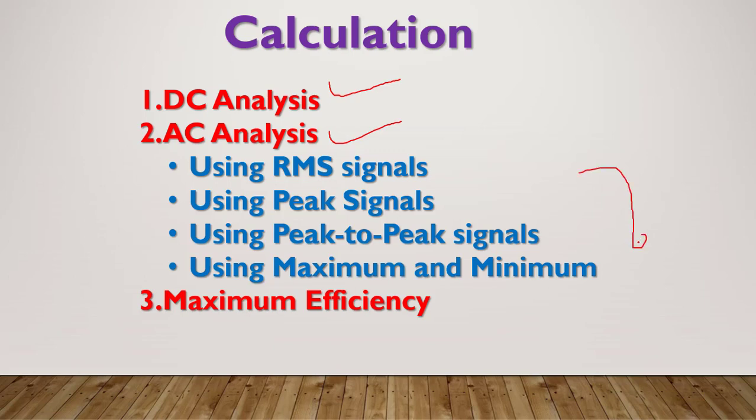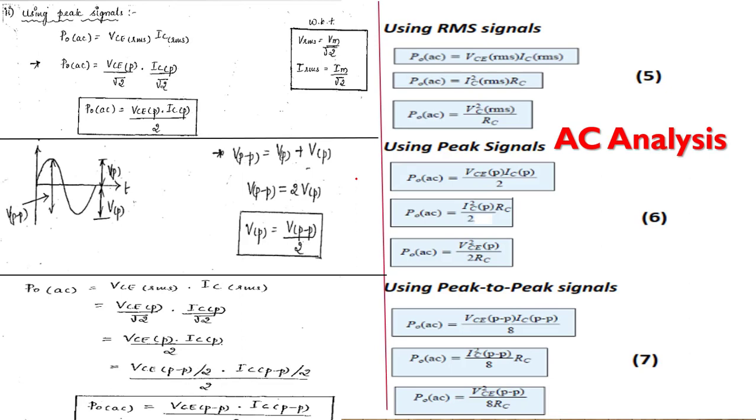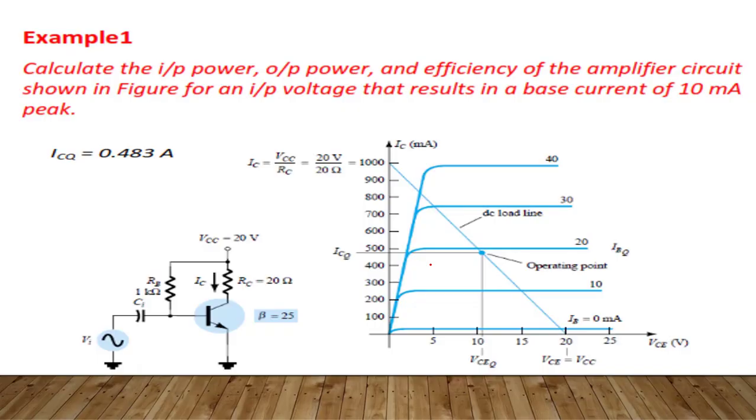AC analysis we can represent in different types, but all the answers are the same, and maximum efficiency is nothing but AC by DC, PAC by PDC. This is the total calculation. I hope you are getting it, because there is nothing new in these formulas; all the derivations you know previously, that only you have to represent here.